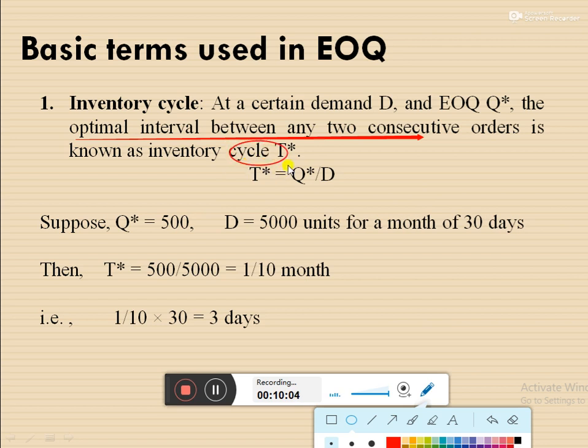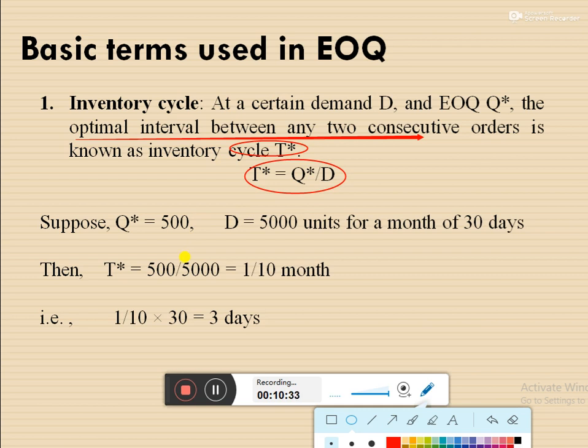It is represented as T star, capital T star, and it is very simple to calculate the value of T star. The optimal interval between any two consecutive orders can be calculated by using this expression, where Q star denotes the optimal order quantity and D denotes the annual demand in units.